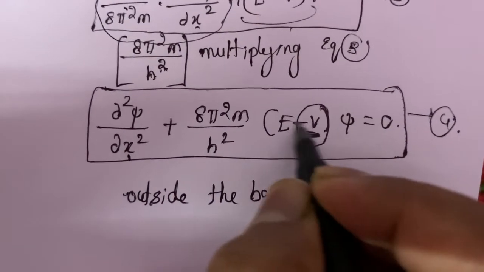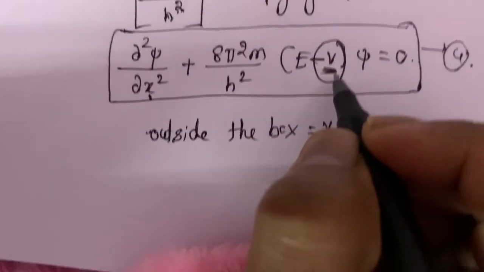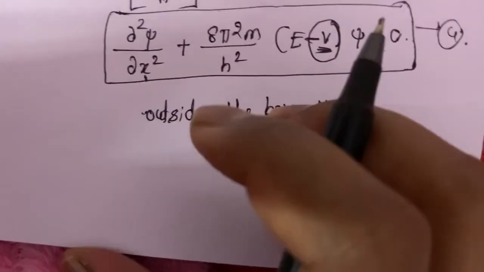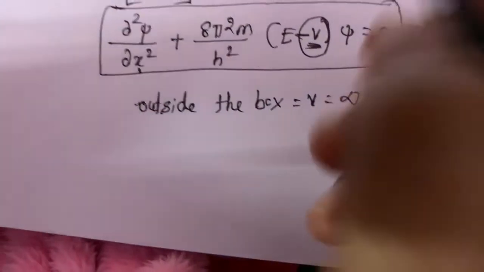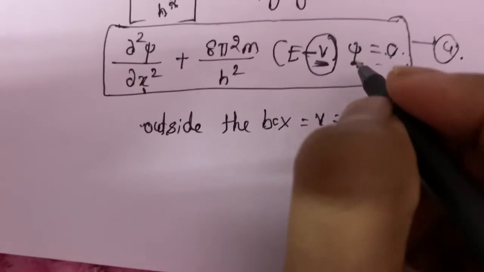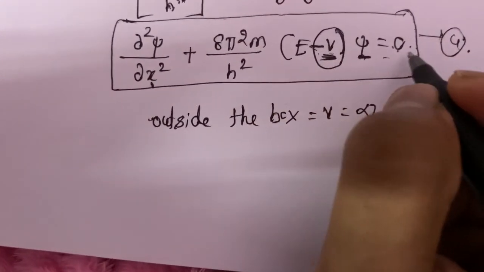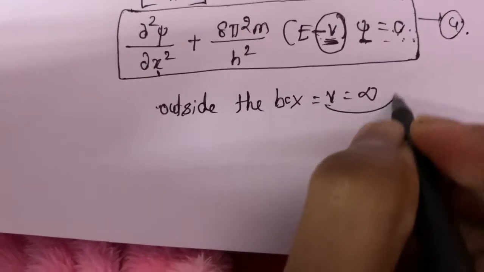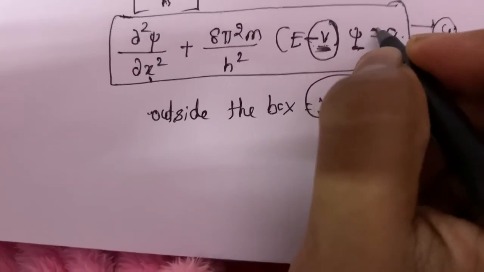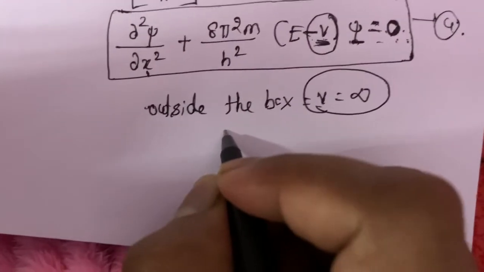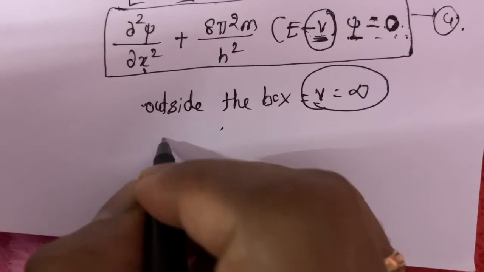If I substitute infinite, is it possible for the equation to be 0? This is possible only when psi becomes 0. Apart from that, if V is infinite, the entire equation will never become 0 unless psi is 0. So this is possible.